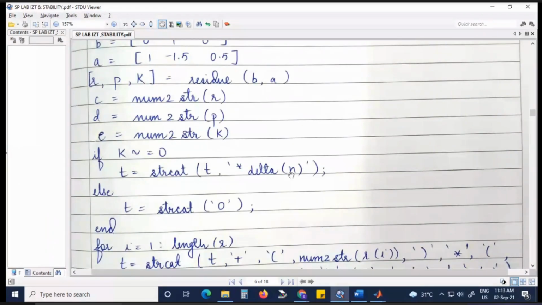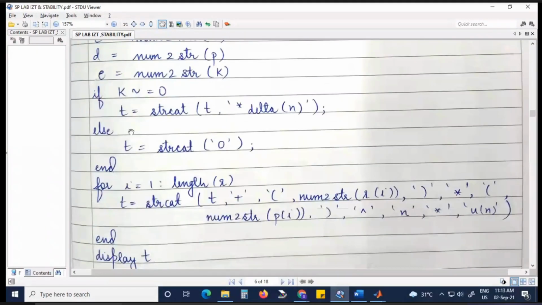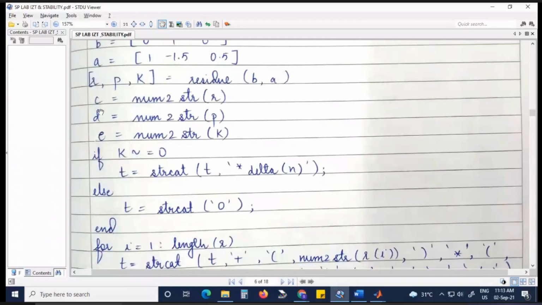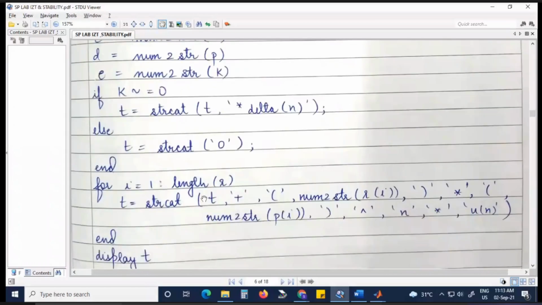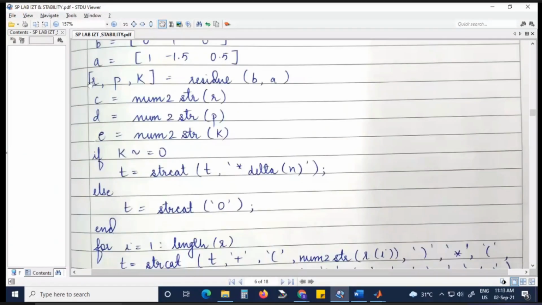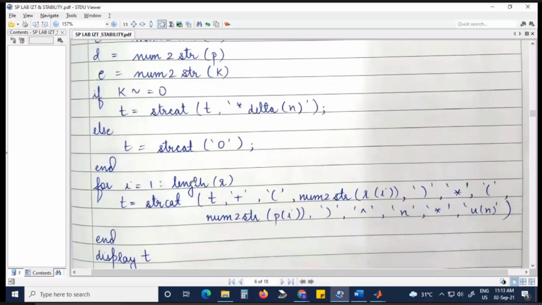Otherwise, if not, it is 0, nothing else. So 0 will be created and stored in an array T. Then there is one array in variable R, and one array in variable P. Say two constants will be created.